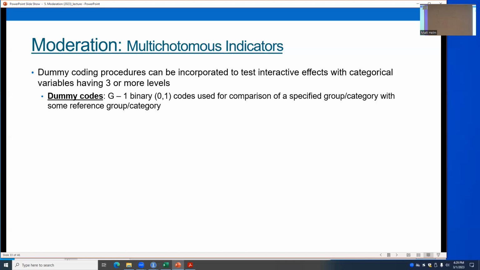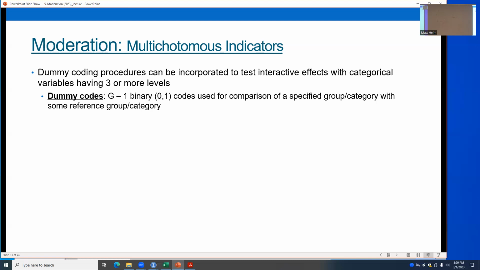Let's say my moderator is, we're doing an experiment, and I've got control condition 0, condition 1, condition 2, right? So I've got a nominal variable with 3 levels. Can I just dump that into a regression model? No, I can't. That's not going to work, right?